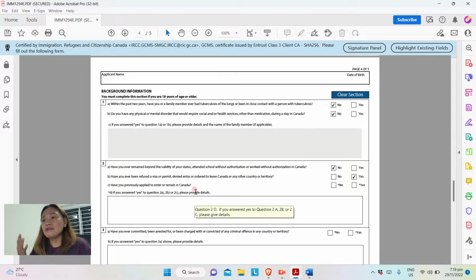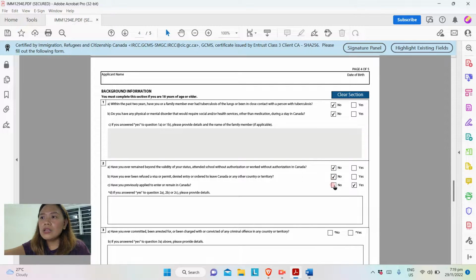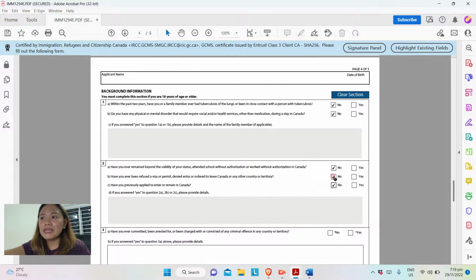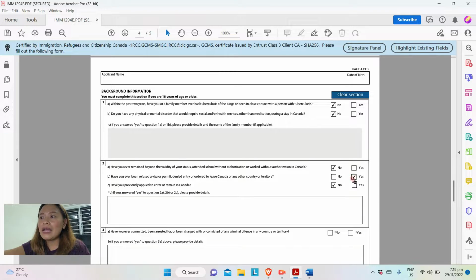For someone who has been refused already, you have to tick yes. But if this is your first application and you have no record of any refusal of tourist visa, then just tick all no. But in my case, because I have been refused on my first application, I have to tick yes here and yes here.